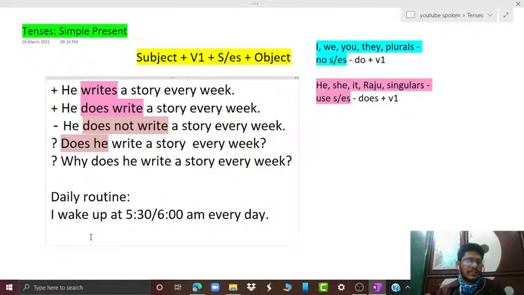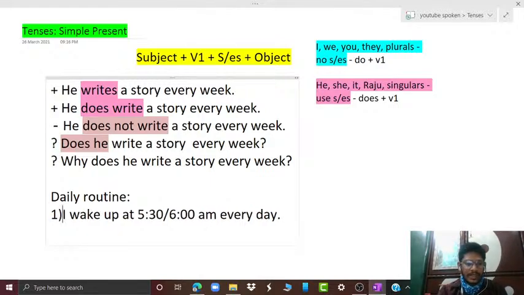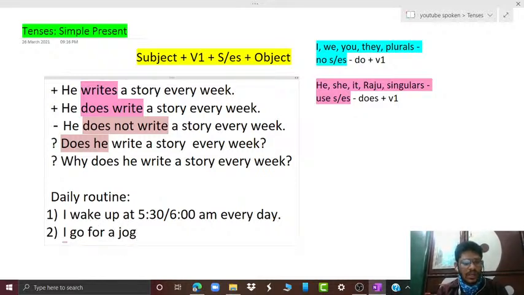Next, you may write a number of sentences. I am writing some sentences here about my daily routine. I am taking my daily routine and just mentioning it. Next, I go for a jog. I jog for some time.